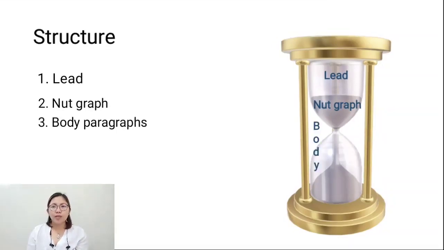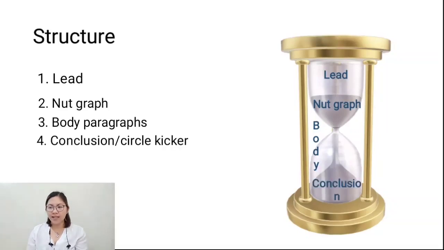The next component of the hourglass structure are your body paragraphs. This is 3 or more paragraphs that discuss the background of your topic. So you can deliver here your facts, your quotes, your statistics, your historical accounts. Finally, what completes the hourglass structure is your conclusion or your circle kicker.